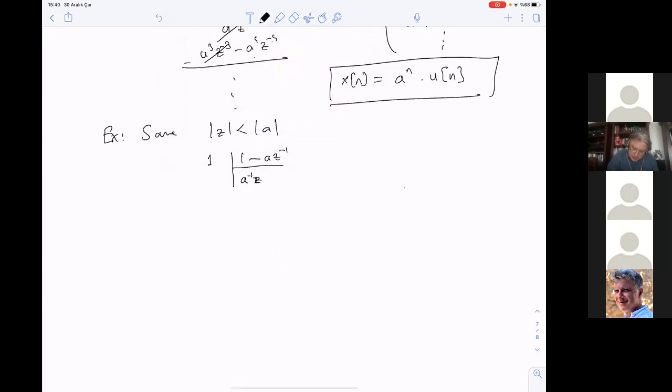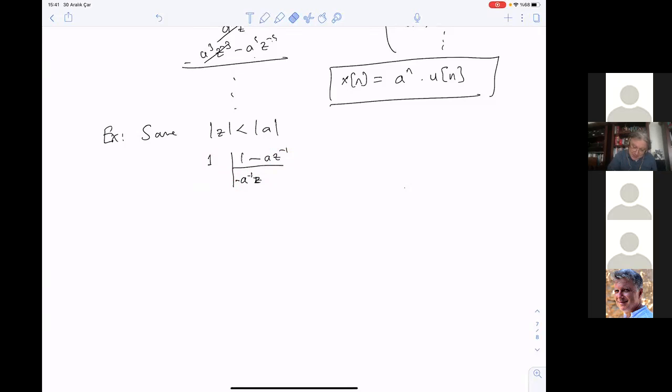a to the minus 1 z. Because when I multiply the top with this a to the minus 1 z and I put a minus sign here, this times this will give me 1. And I want to obtain a 1 because I want it to cancel after the subtraction. Or maybe it's wiser for you to think of it like this.